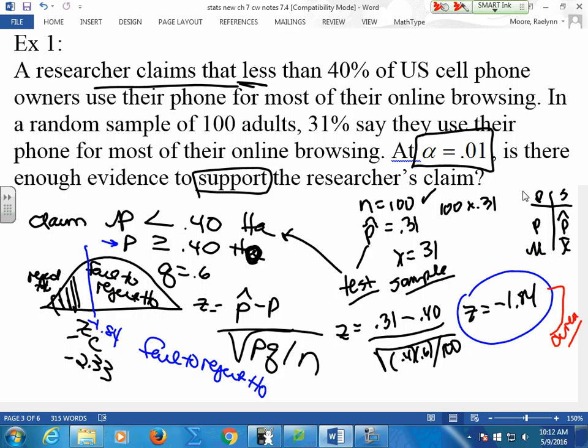I look up table 4, and I look up negative 1.84, and do I want the area to the left of it or to the right of it? To the left, that's where I'm shaded, so I look this up, and I get 0.0329.